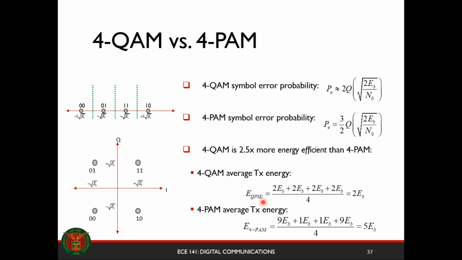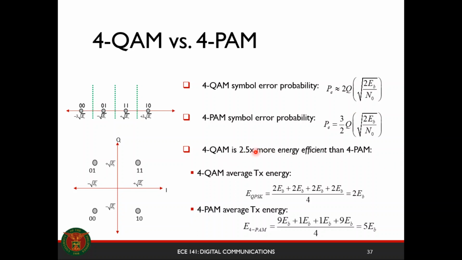Like comparing your 4 QAM versus 4 PAM, okay? So your 4 QAM is basically, again, approximately 2 times Q of this value right here. Your 4 PAM error, as we've shown earlier, is 3/2 or 1.5 times this. Right? Your 4 QAM is actually 2.5 times more energy efficient than 4 PAM.